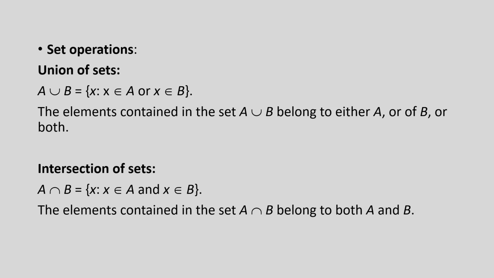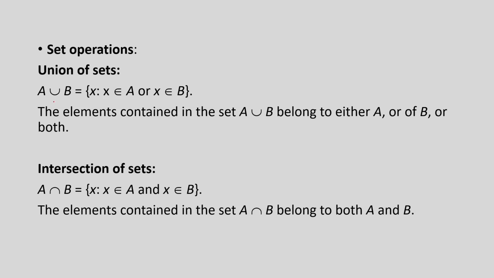Subsets over. Now, we come to another very important part of set theory, which is called the set operations. So, we start with what is known as union of sets. So, you have two sets A and B. A union B is another set, and what is this set?